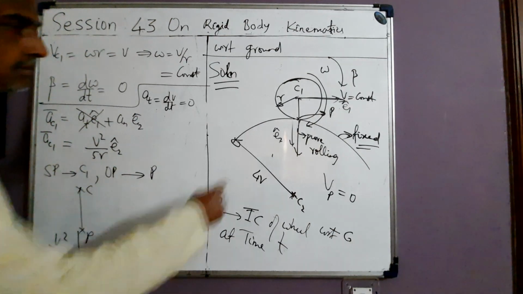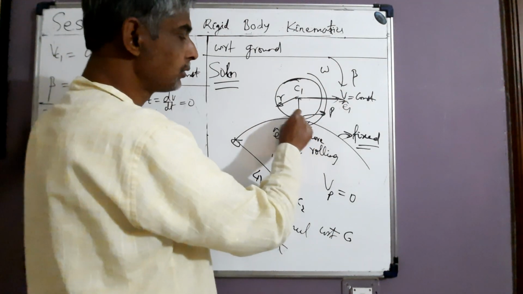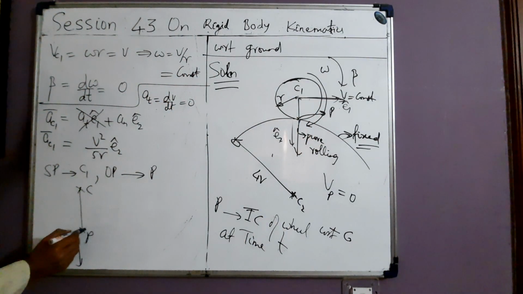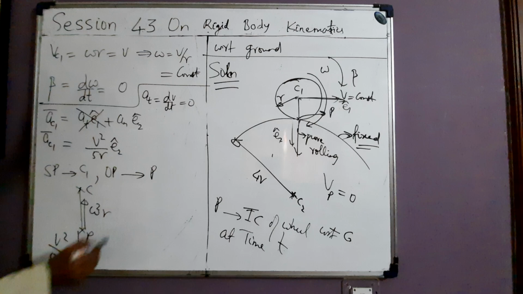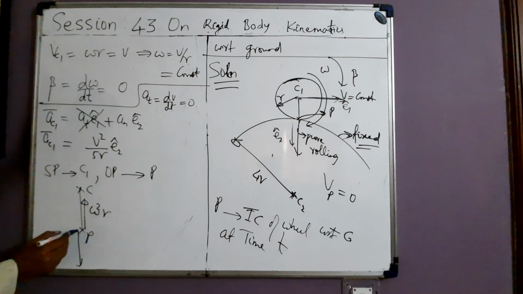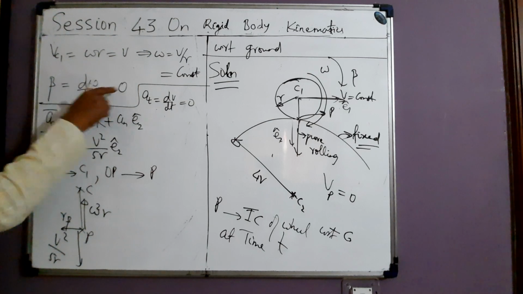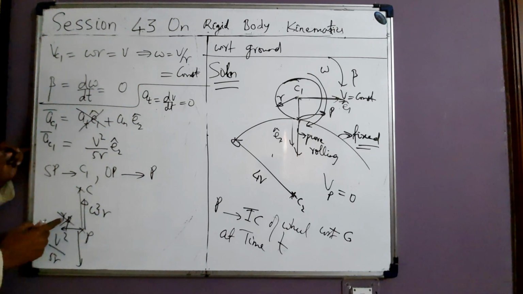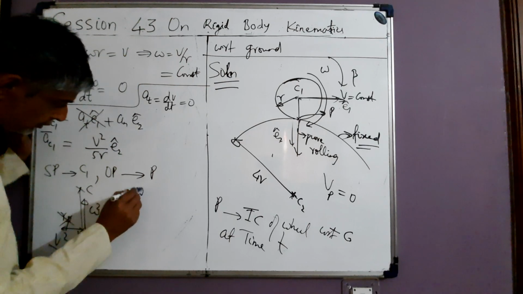Now I write down the sentence. Omega is clockwise. So P moves in a clockwise circle with center at C1 and radius r. So P should be given two accelerations: omega square r to point P towards C, and r beta along the leftward direction. But beta is 0, we know. So this term drops out. So the acceleration of P is the vector sum of these two terms. Now omega square r.